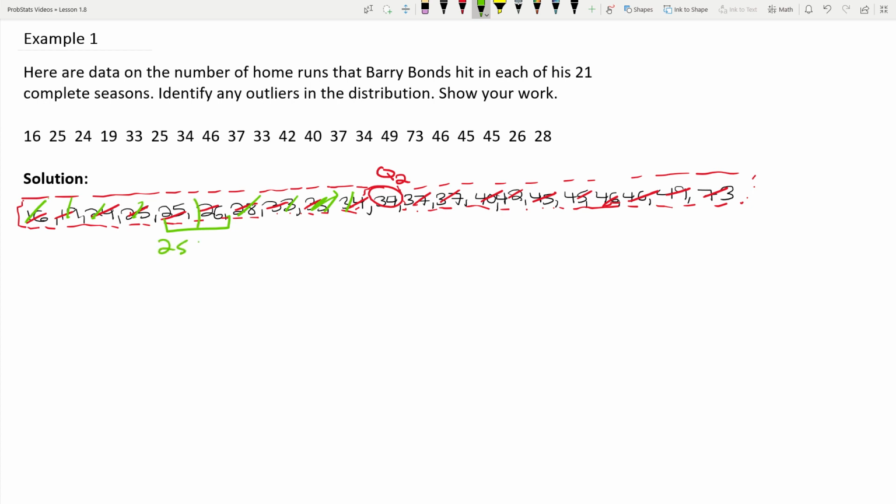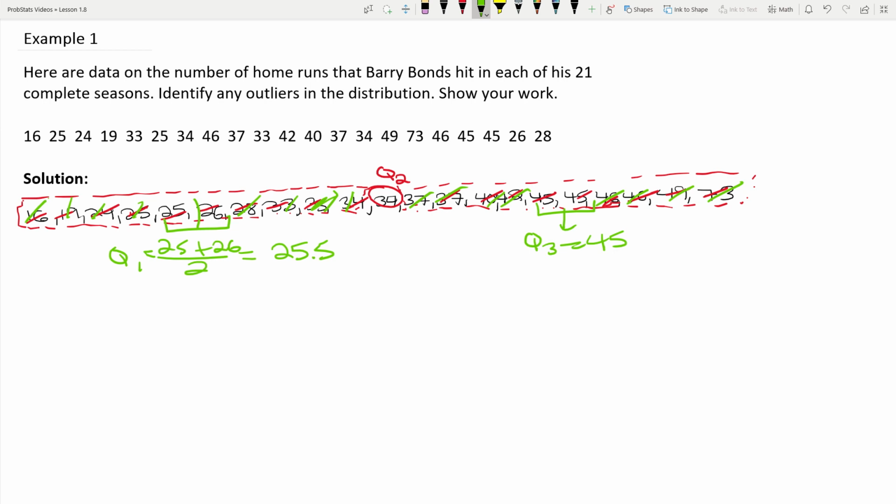So 25 plus 26 divided by 2, and that'll be our first quartile, which in this case is 25.5. And for the second half, we have these two middle numbers. So if we add them up, divide by 2, you're going to get 45.